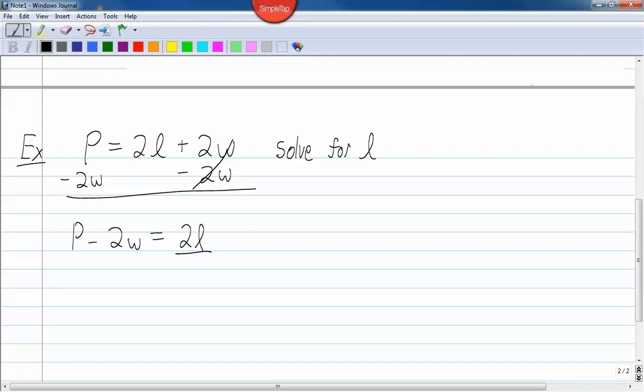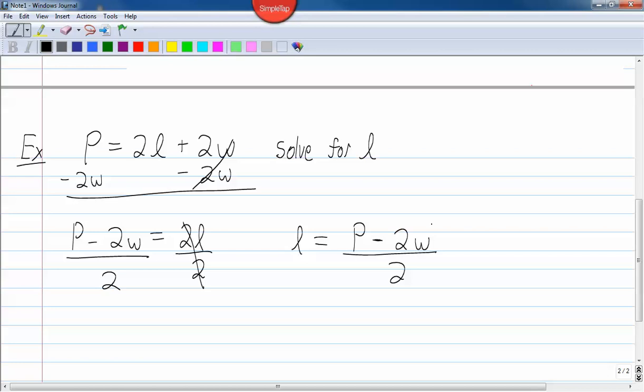Divide both sides of the equation by 2. So I've solved for L, the length. You can find the length by saying the perimeter minus 2 times the width, all divided by 2. Make sure that you divide it all by 2.